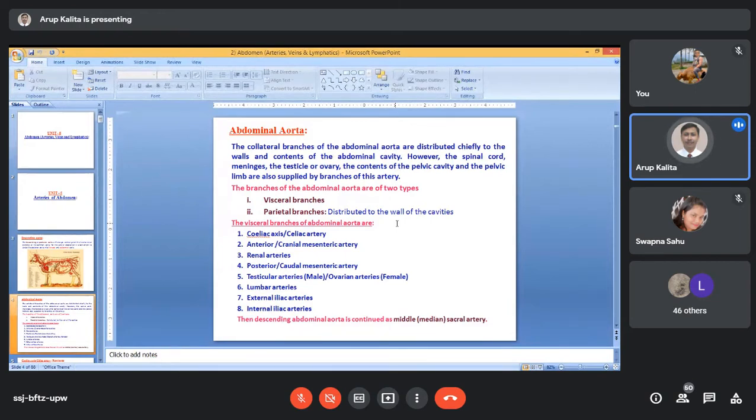Collateral branch means when the artery supplies during its course, it will give some branches, and those branches are called collateral branches. Whereas the terminal branches are those arteries which emerge from a parent artery at its termination.